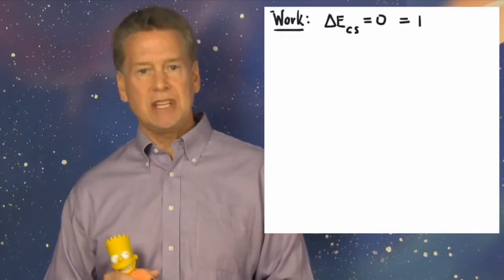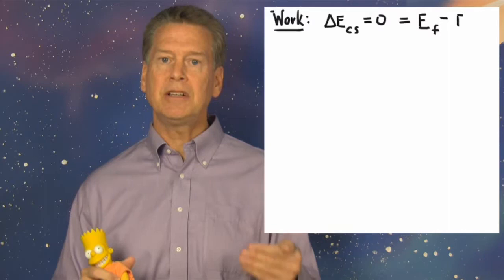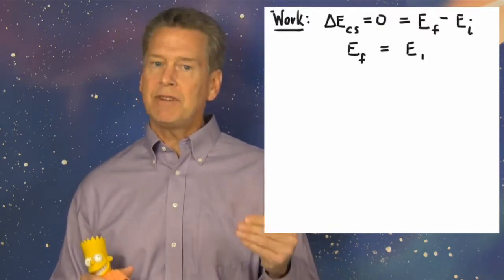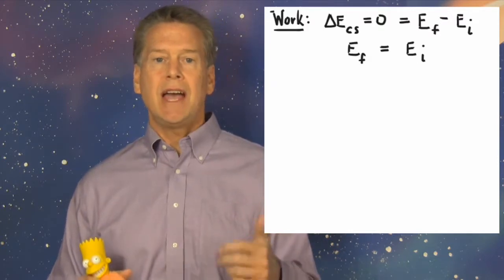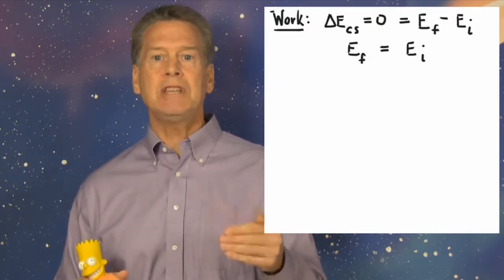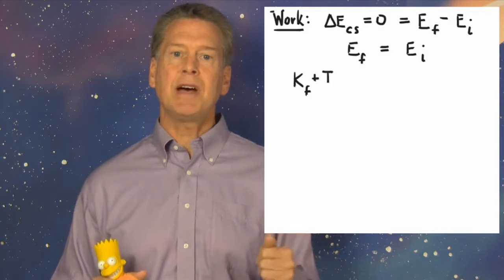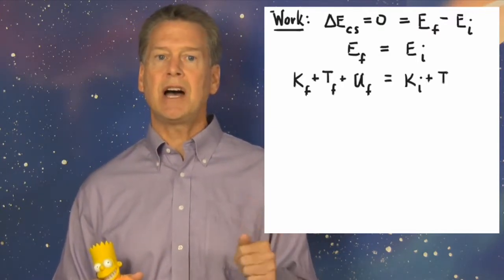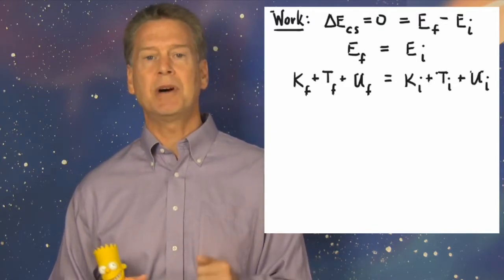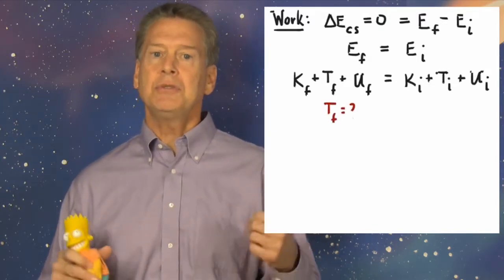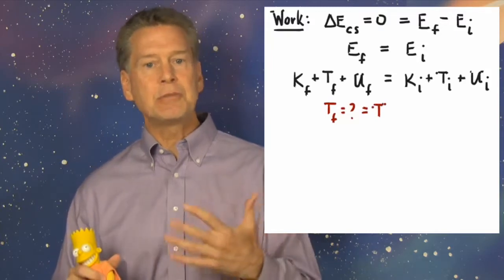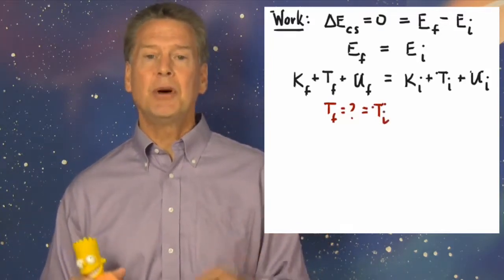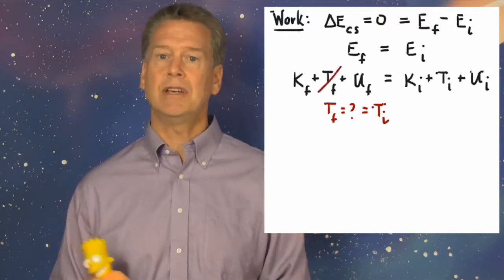Delta E sub CS equals 0 implies E final minus E initial equals 0. A little algebra gives E final equals E initial, and substitutions from the key forms of energy give K sub F plus T sub F plus U sub F equals K sub I plus T sub I plus U sub I. The two T values, the initial and final thermal energies, are unknown, but they're the same unknown because no thermal energy is added or taken away here.